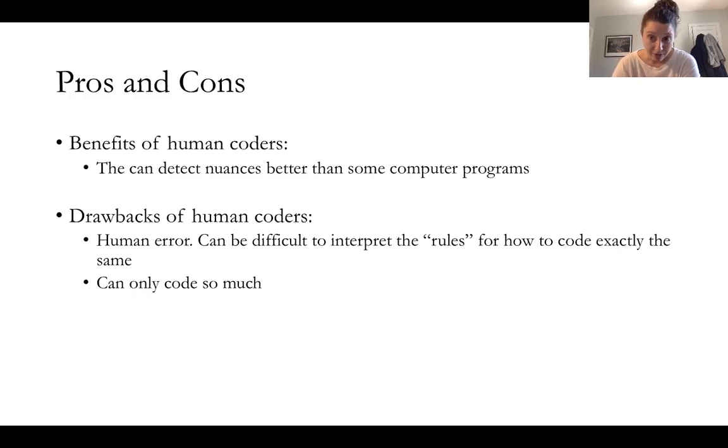But the drawbacks of human coders are obvious, right? There's human error. It can be really difficult to interpret the rules for how to code something exactly the same between 2 people. I often get the question, if you're coding for media bias, is it good to use someone who has a liberal perspective and someone else who's a coder who has a conservative perspective so that they sort of keep each other in check?